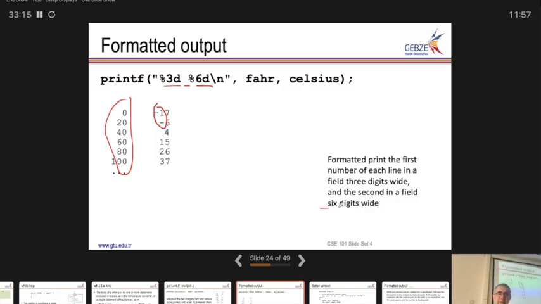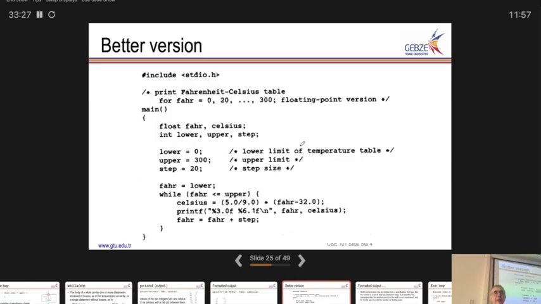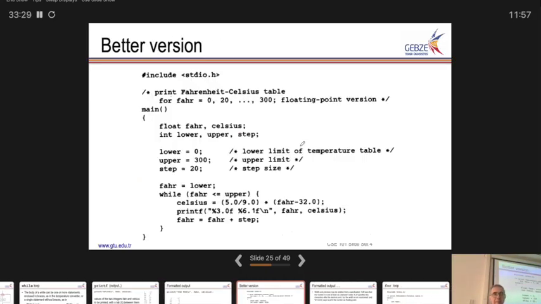Second field, 6 digits wide. And space and 3 digits. A better version is %3.0f, %6.1f.